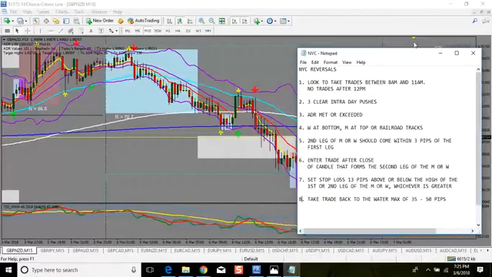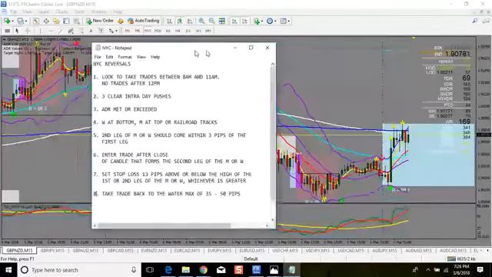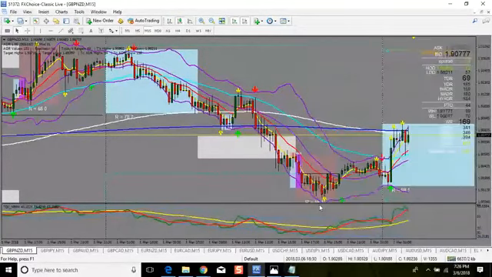We've seen that. We enter a trade after the close of the candle that forms the second leg of the M or W, or the second candle of the railroad track, right? And we set our stop loss 13 pips above or below the high or the low of the first or second leg of the M or W, whichever is greater. Take the trade back to the water. So that was a pretty good trade there, and that would have been a good one to take.